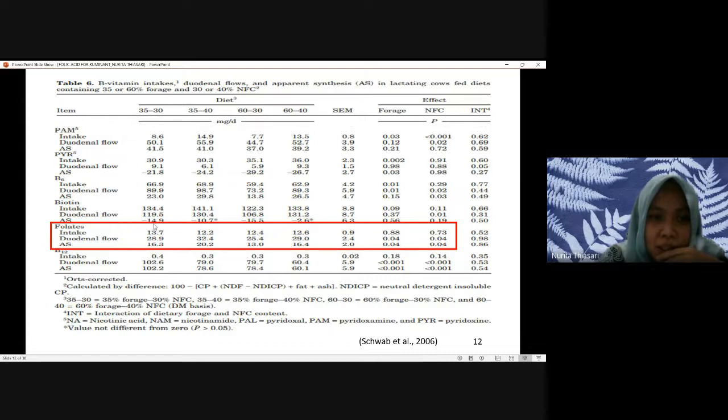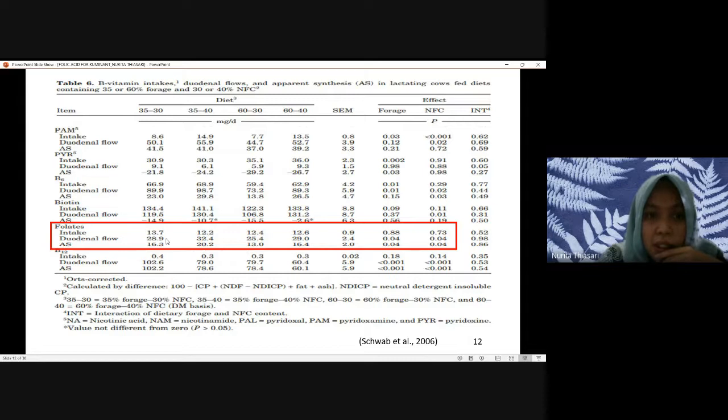So in here, I would like to show that different levels of the forage will affect the apparent synthesis of folate in the rumen.